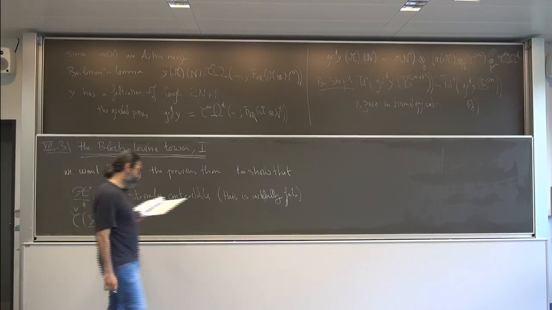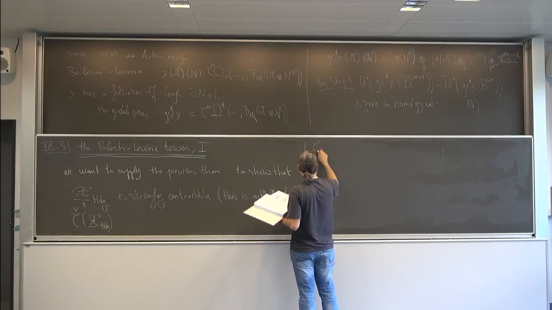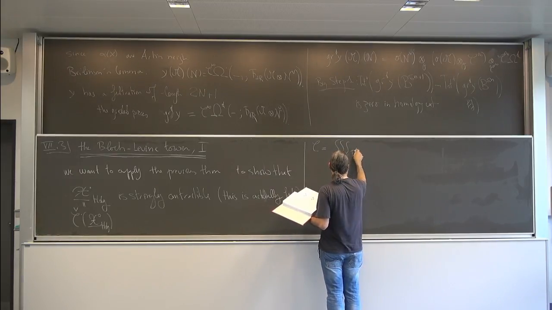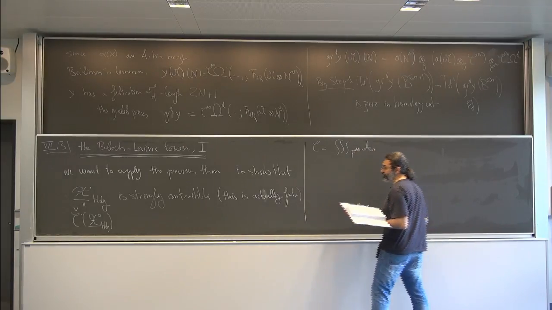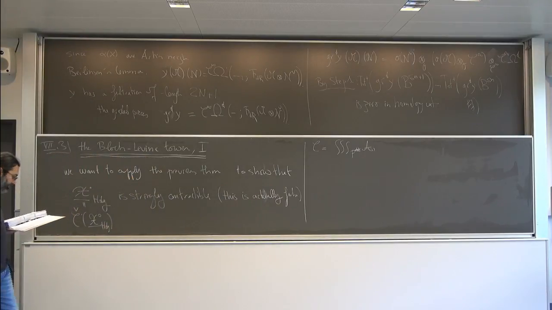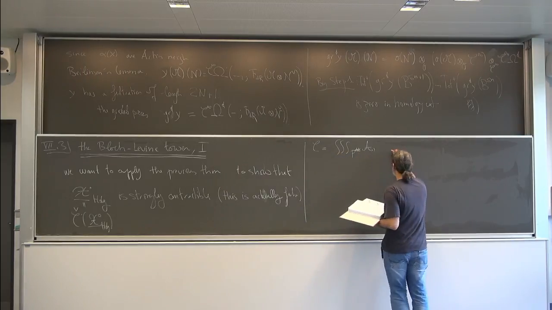Of course, as I said, we would like to take C to be this triple integral, and the algebra will be given by this x0. Now there are two issues to apply the theorem.